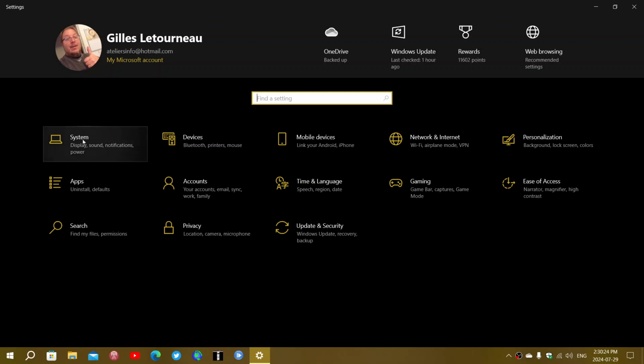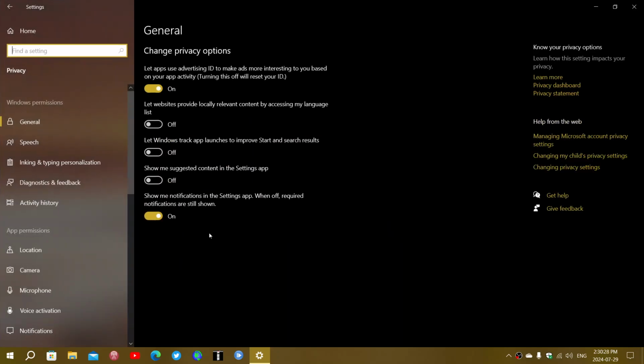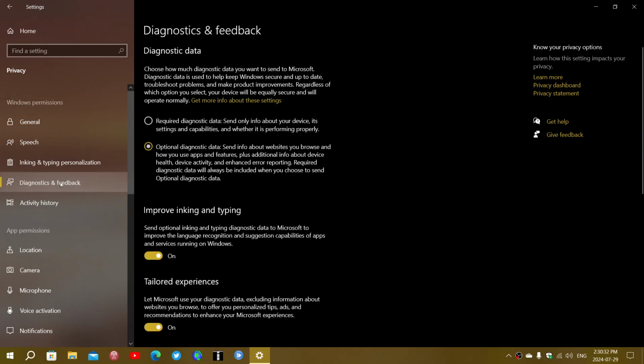When we went to the privacy tab, we could see that one of the things was diagnostics and feedback. Diagnostics and feedback was a controversy because you had an option of choosing required or optional. Optional is the one that sends the most telemetry to Microsoft.